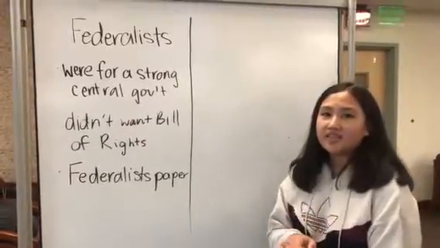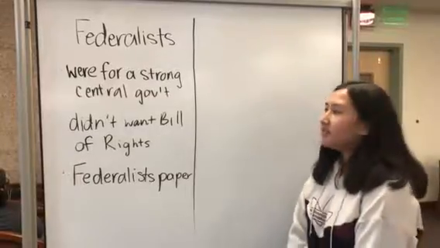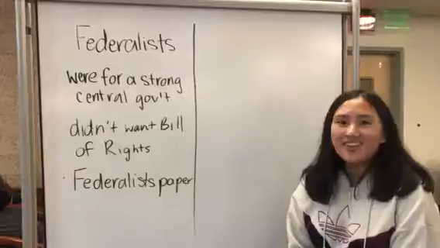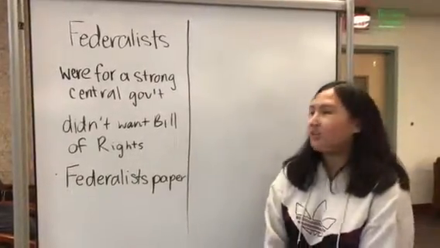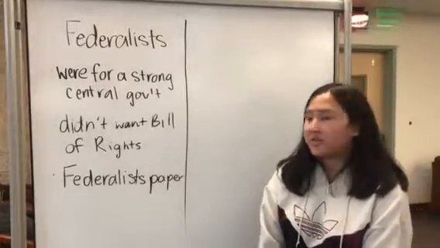They believed that the national government should have more power and jurisdiction over the state government, and they didn't want the Bill of Rights because they thought the Constitution was sufficient the way it was and offered enough protection over individual liberties.